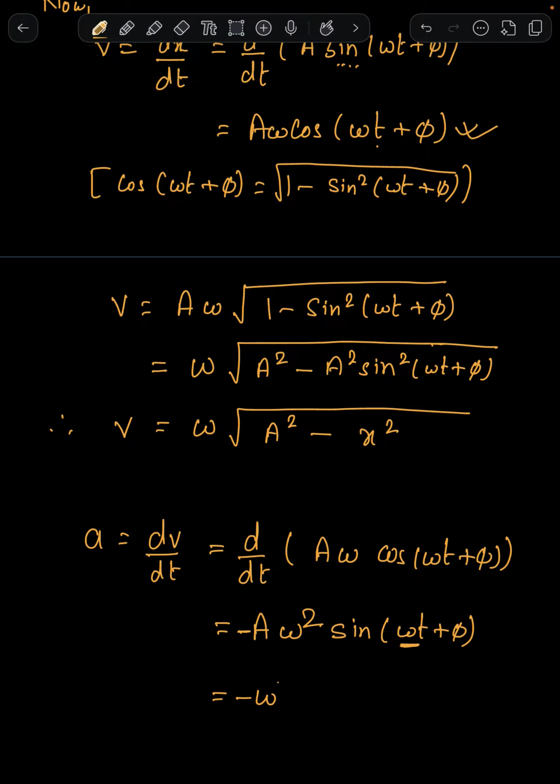So minus omega square a sine omega t plus phi, and again the term in the bracket is x, so therefore a is minus omega square x. This is acceleration of simple harmonic motion.